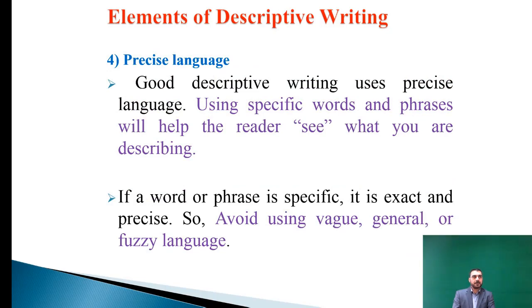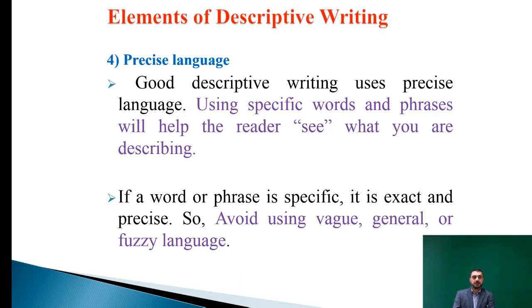The fourth element of a descriptive essay is the use of precise language. When writing a descriptive essay, we have to take care in the vocabulary that we use in order to convey a clear description, and to paint or portray the picture to the audience.